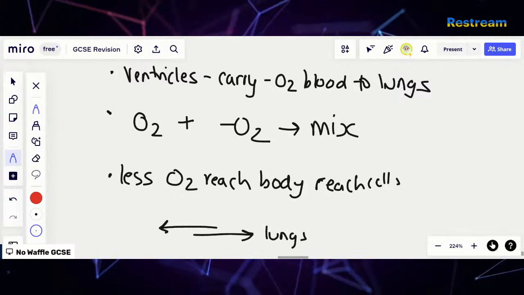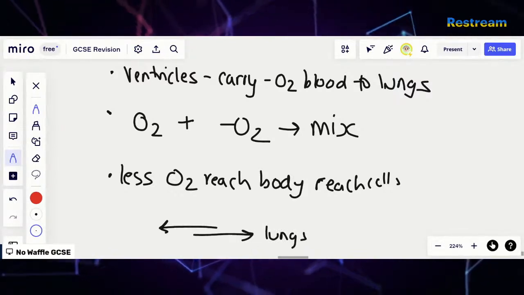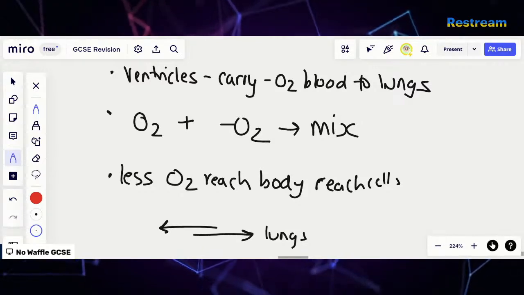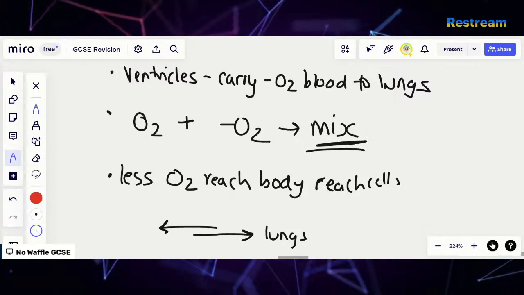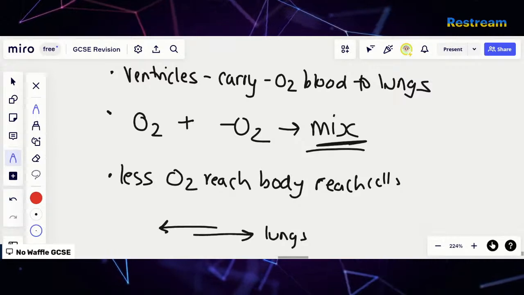As the oxygenated would try and get past the deoxygenated, it would cause friction, waste energy, and it would take a lot longer for the oxygenated to get to the body cells, and the deoxygenated to get to the lungs. Therefore, mixing it would be a bad idea, and that's why our body has adapted against it.